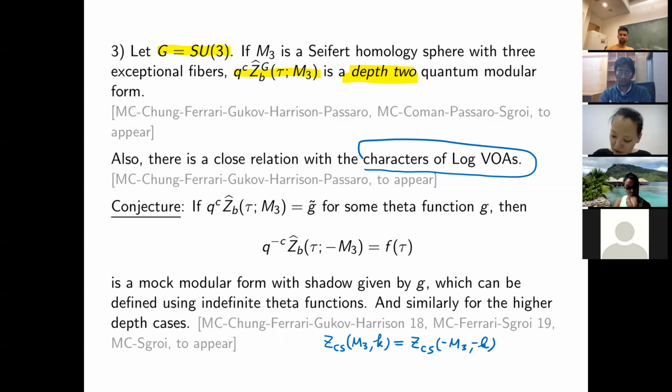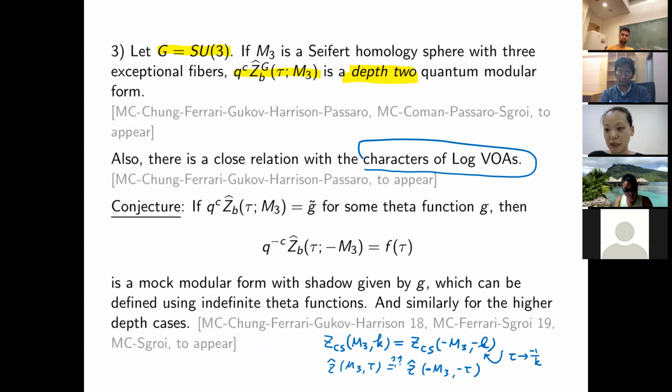Because we expect the limits to be like tau to 1 over tau, k to 1 over the level, you expect the hat of M3 of tau to be the same as, if you flip the orientation, you also flip from lower to upper half plane. But that's pretty bizarre because what is it actually?